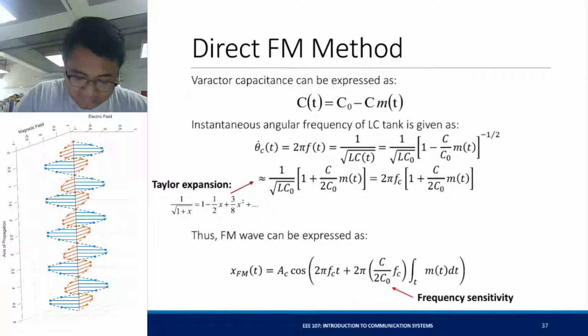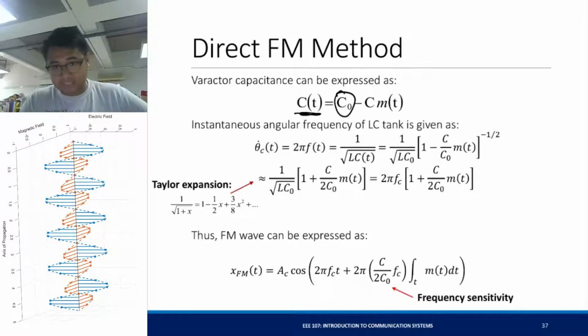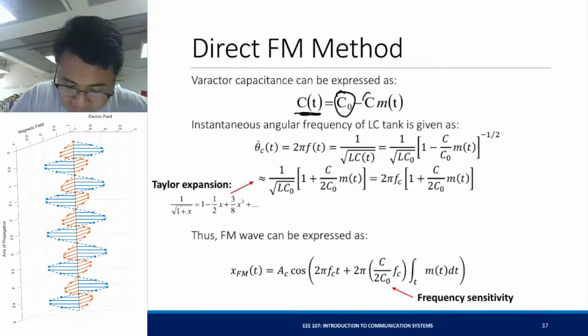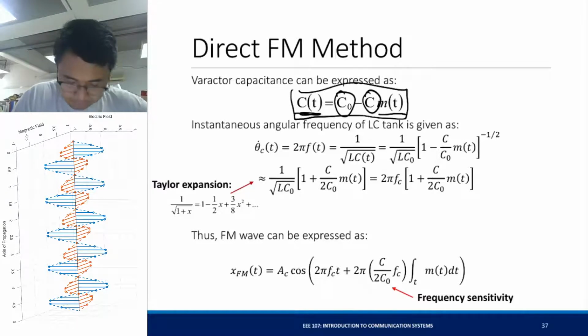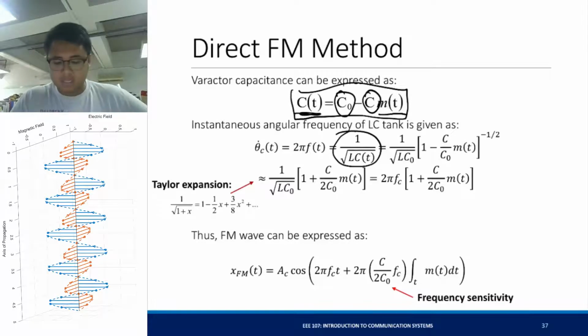Your capacitance can be expressed as some central DC capacitance minus some sensitivity times m of t. And we can now get the instantaneous angular frequency from there. Okay, so we take the derivative of that with respect to time. It's approximately like this, right?